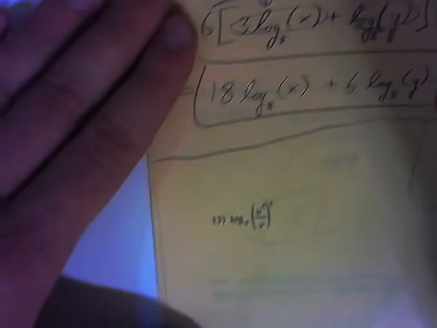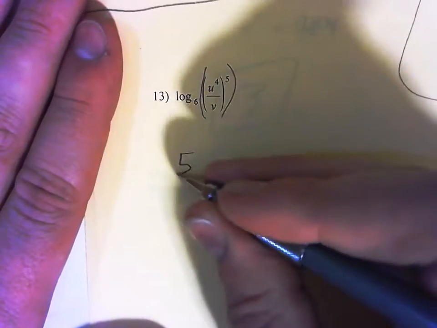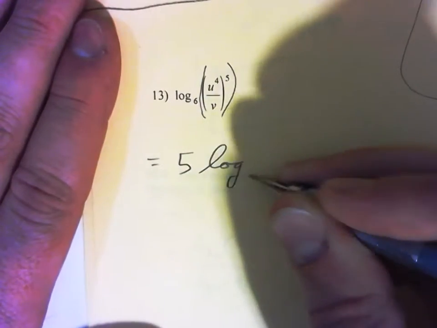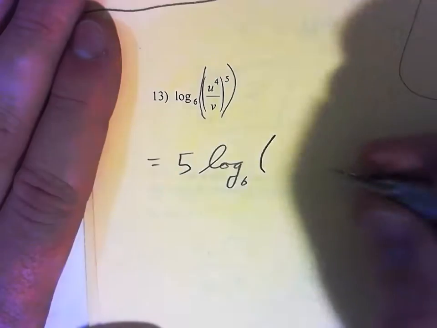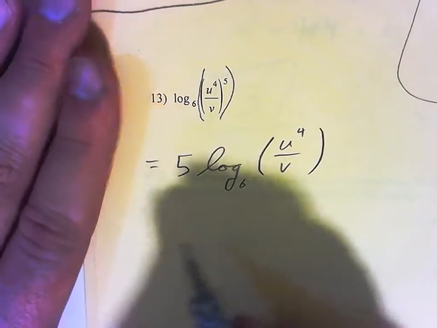Okay, number 13. Going to use those same 2 properties. The 5 we'll deal with first, so it'll become 5 log, oh, it's base 6 again, of u to the 4th over v.